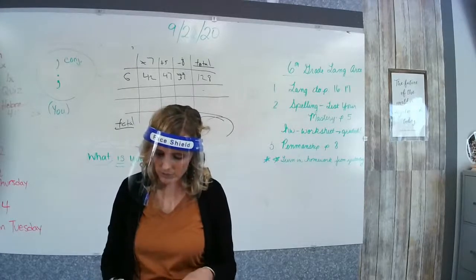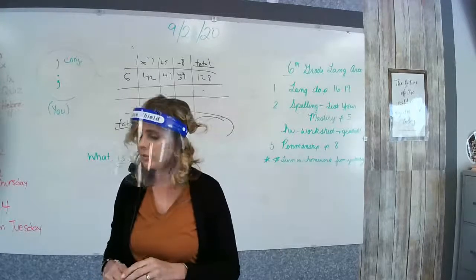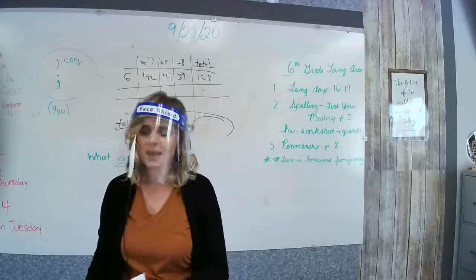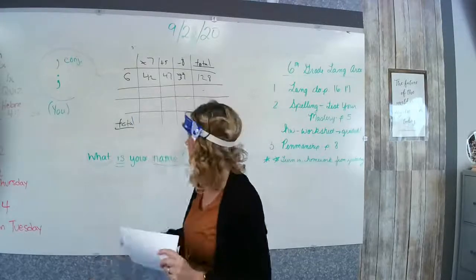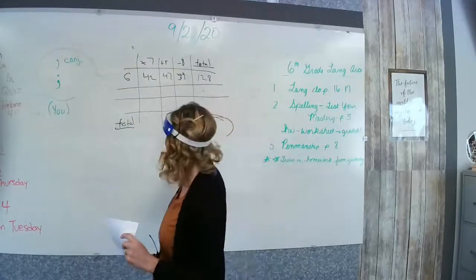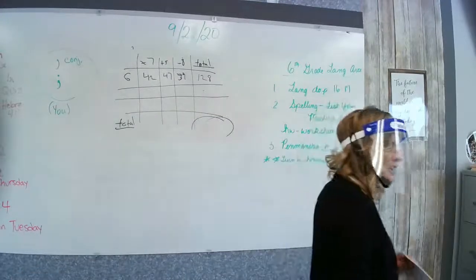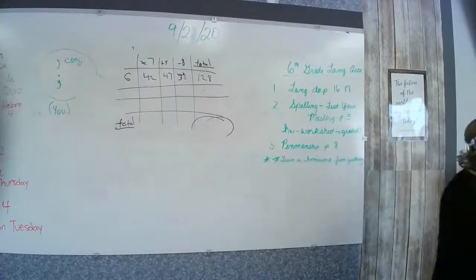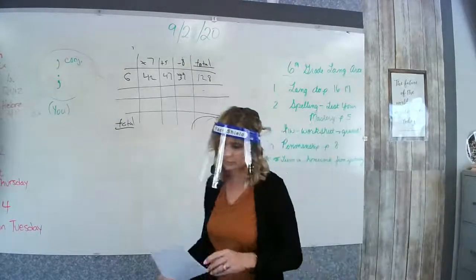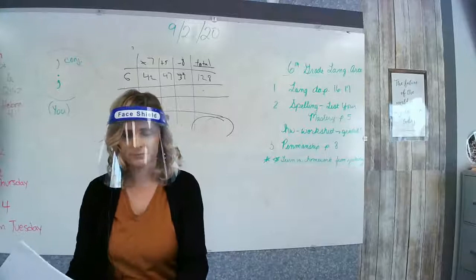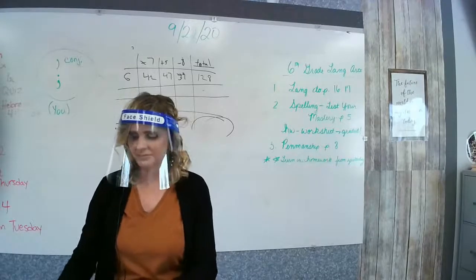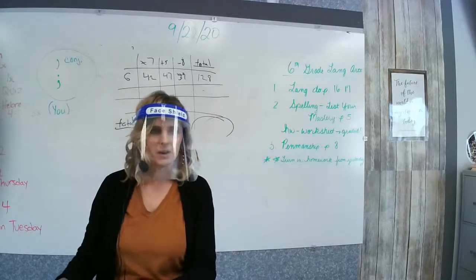So watch those. And then who can remember what is a verb phrase? A verb phrase. Just went over this yesterday. The difference between a compound verb and a verb phrase. What is a verb phrase? Josiah, do you remember? Need some help?